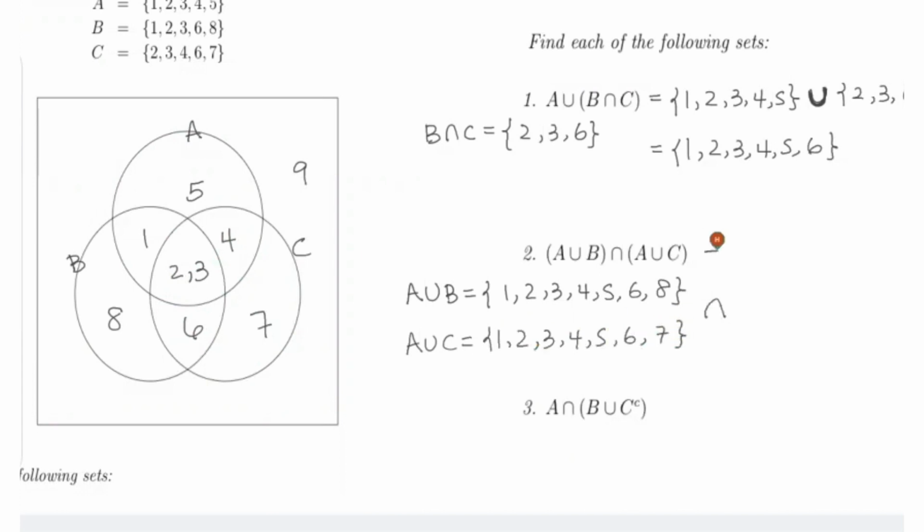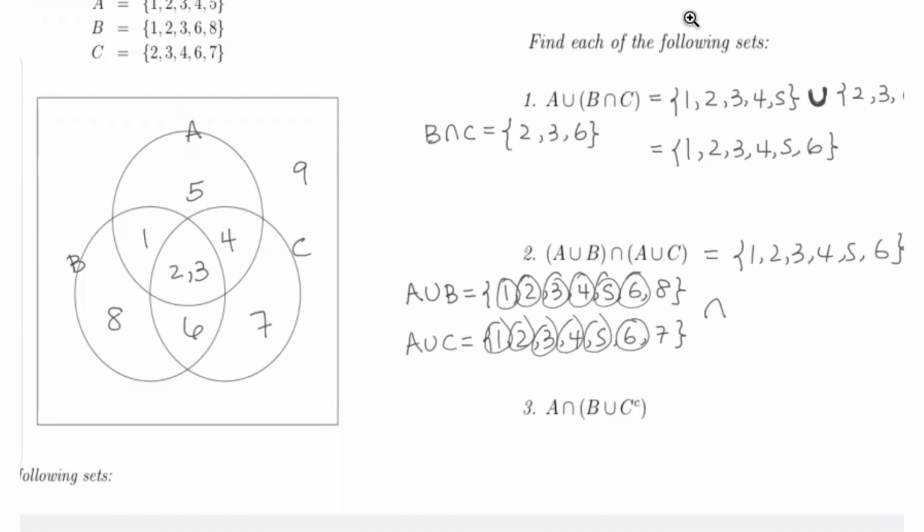Intersection of that means common elements. Okay. 1, 2, 3, 4, 5, and 6. Common elements. Question?